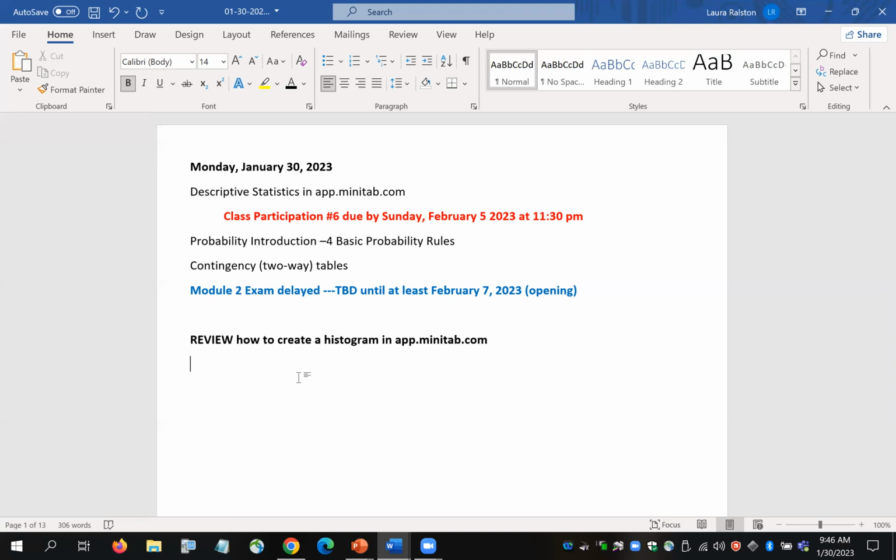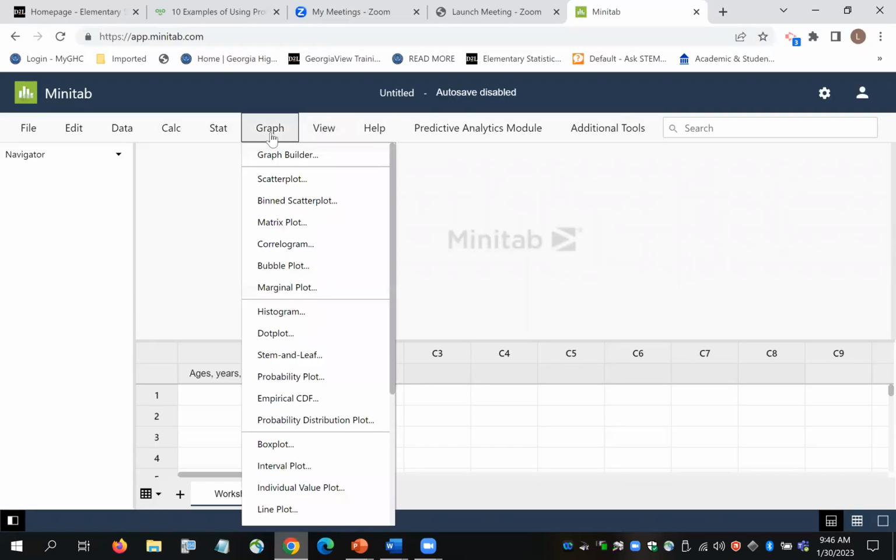So if I'm going to create a histogram, I would go to graph, because the histogram is a graph. I'm going to scroll until I find the option for a histogram, because when I choose graph, it gives me a drop-down menu of all the different graphs that we can create.